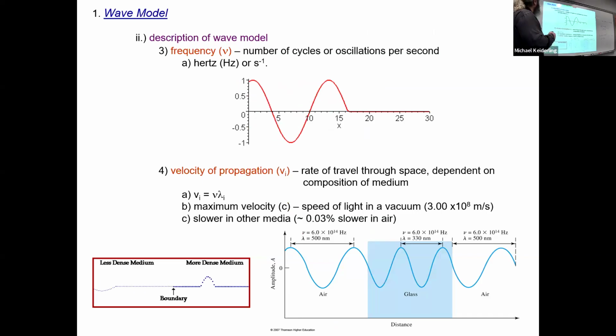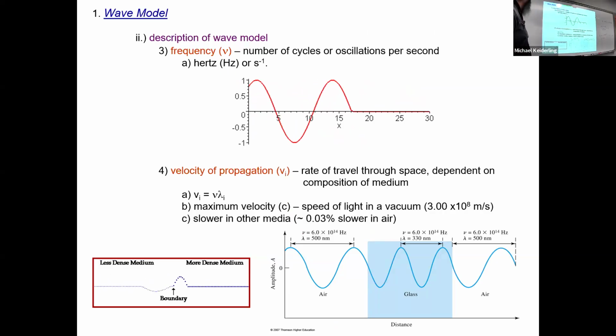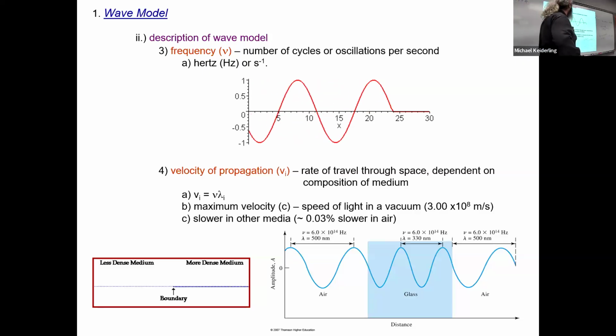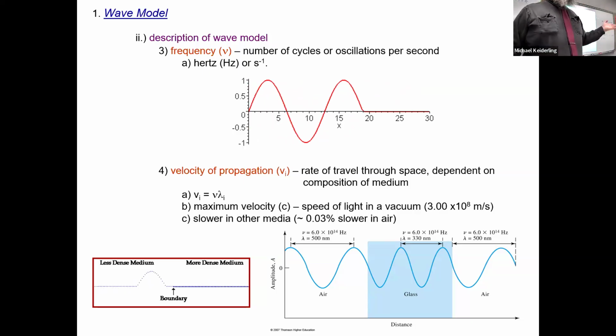There's also the frequency. Frequency is just that V without the bar on top. I think that's actually a Greek letter, but I'm not remembering which one. It's the number of cycles or oscillations per second. Wave number is proportional to frequency.